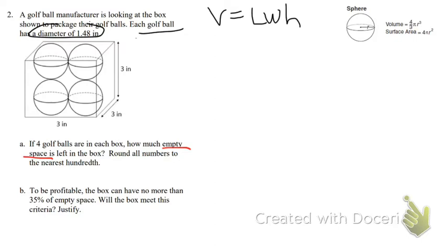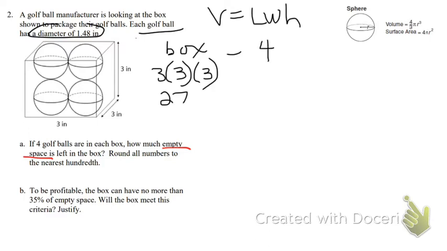So the volume of the box would be 3 times 3 times 3, which is 27, minus 4 spheres, or the golf balls. Okay, so that's 4 times.